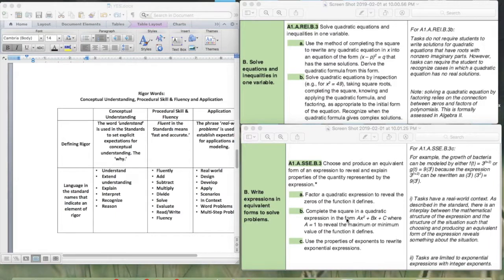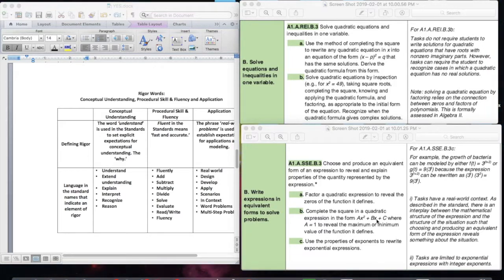It says complete the square in a quadratic expression in the form ax squared plus bx plus c, so more than likely this is going to be procedural skill and fluency, but also a tinge of conceptual.